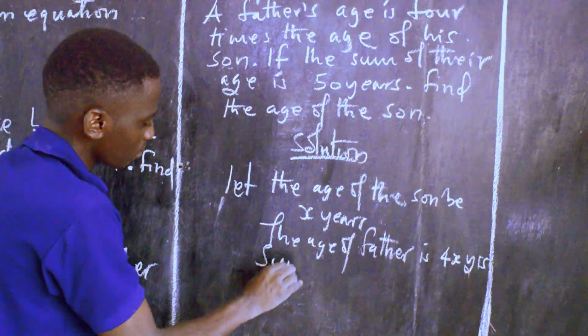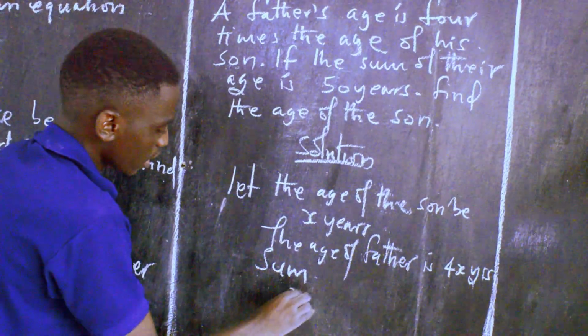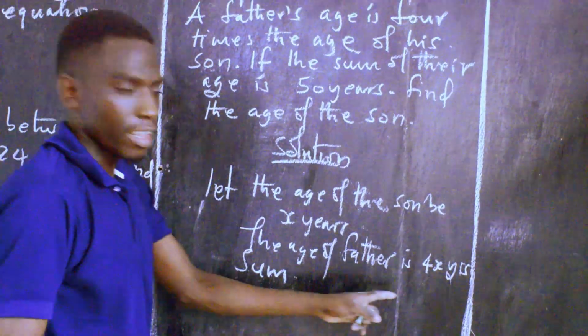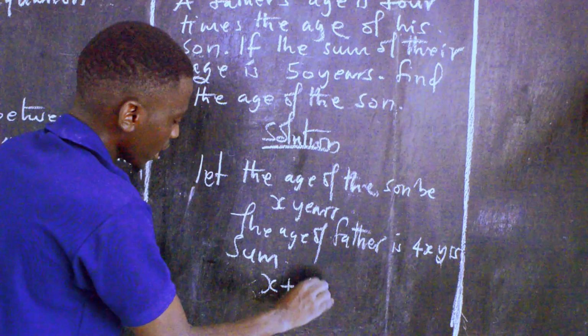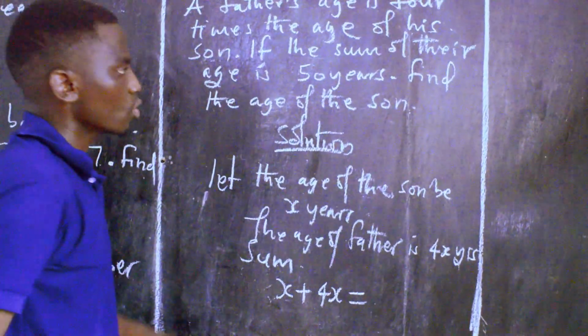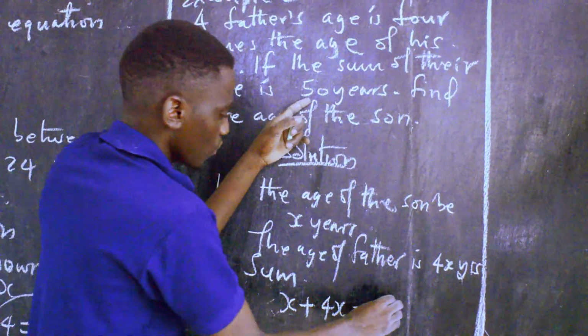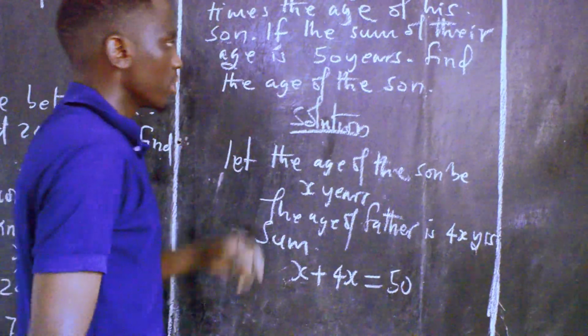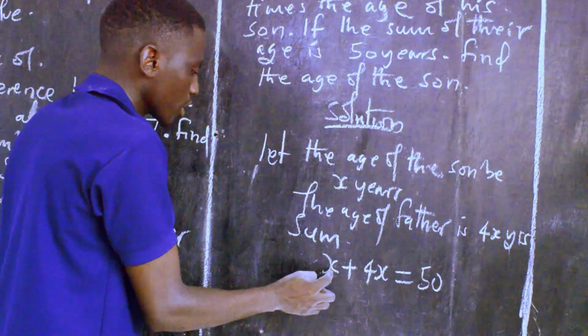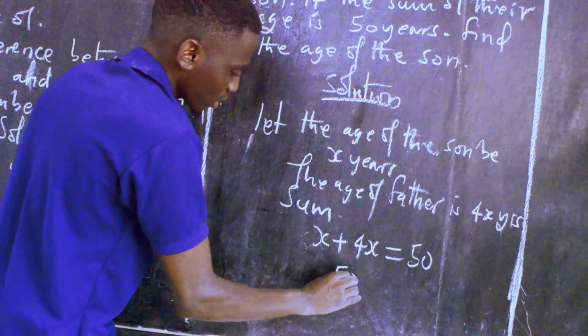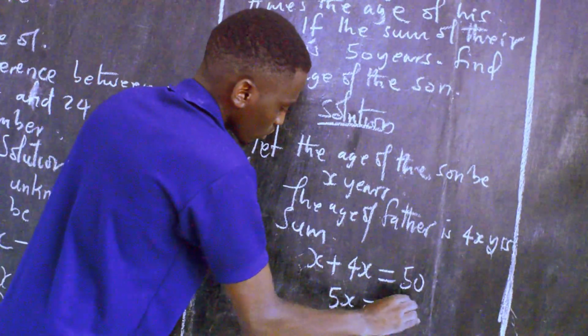Then the sum: you take the age of the son, that is x, plus the age of the father, that is 4x, will be equal to the total, that is 50 years. So if you take x plus 4x, you get 5x, equal to 50.